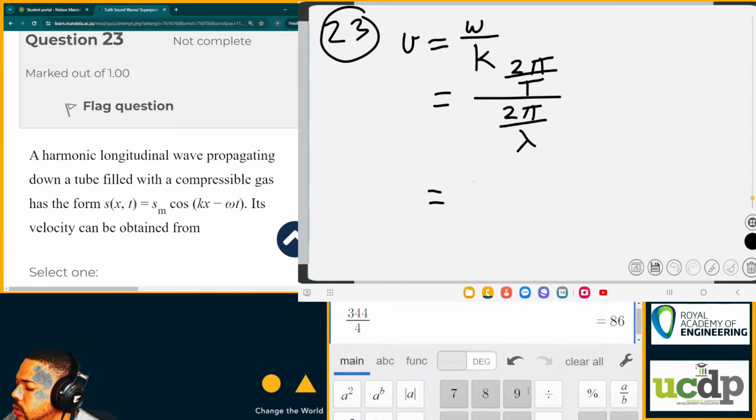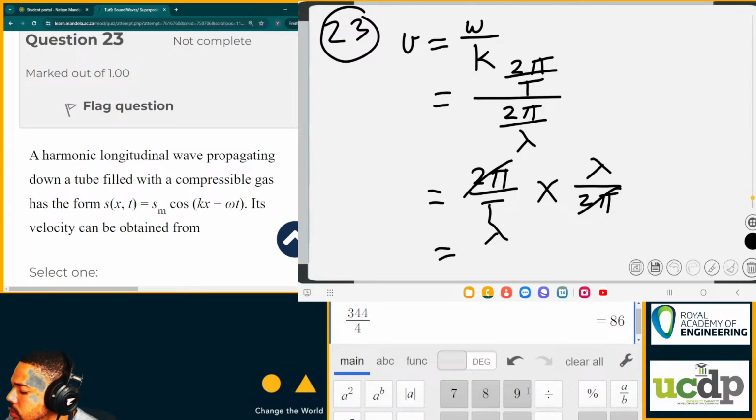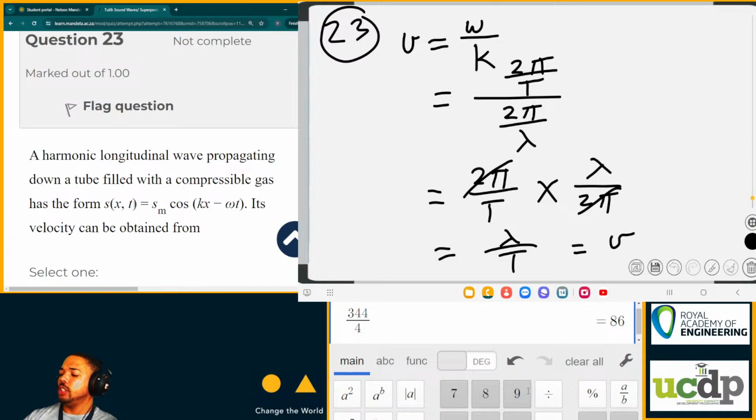From primary school math, if we divide by a fraction, we flip it over and multiply. That's lambda over 2 pi. The 2 pi's cancel, leaving us with lambda over T, which we know is just the velocity.